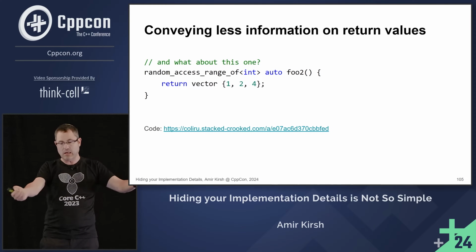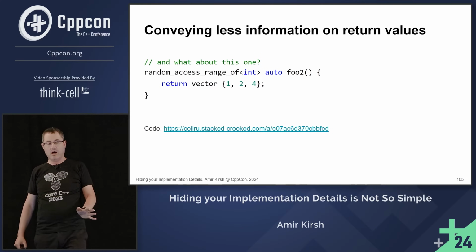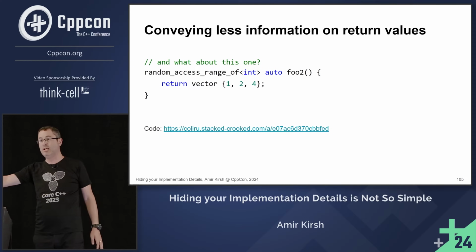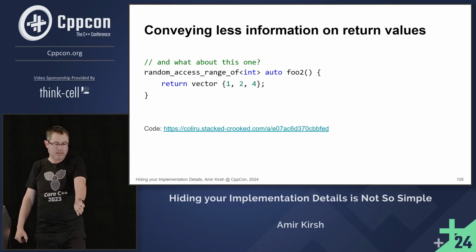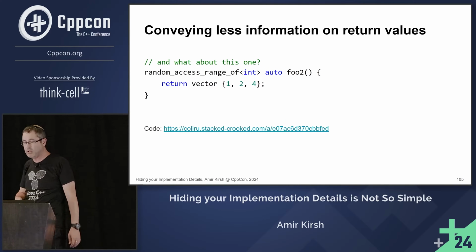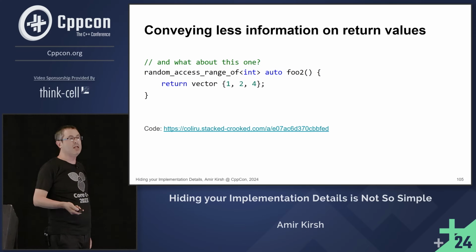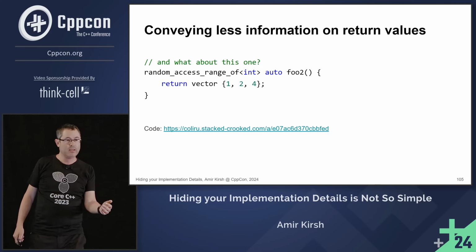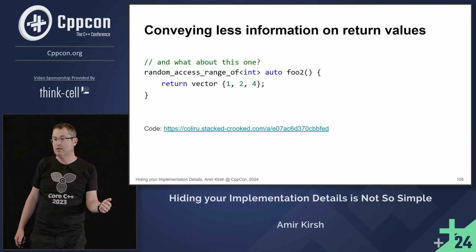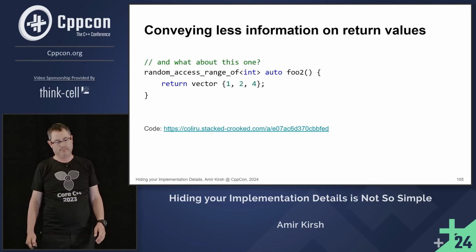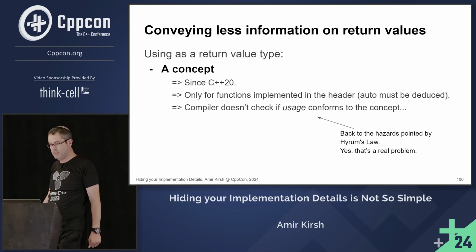And if it works, then I say, okay, you relied probably on getting a random access range and not on getting actually a vector. Okay, but I said something which is less than saying that I return a vector. And in a way, if I would change it later to something which is not a vector, you would complain, my code doesn't work, I would say, but you used something that was not on the signature. So I can use a concept.